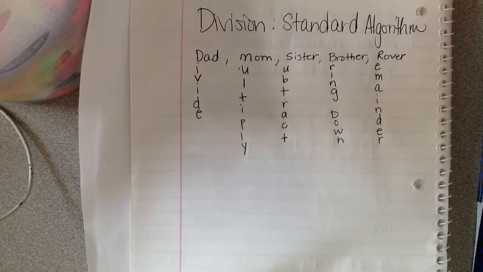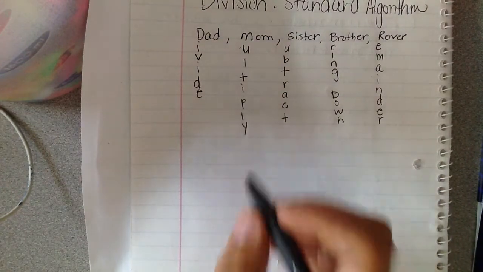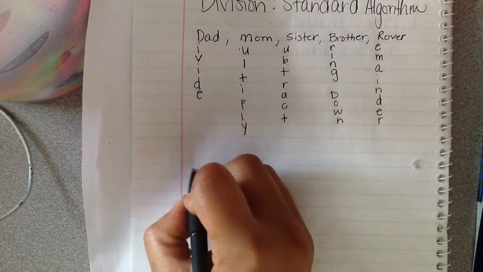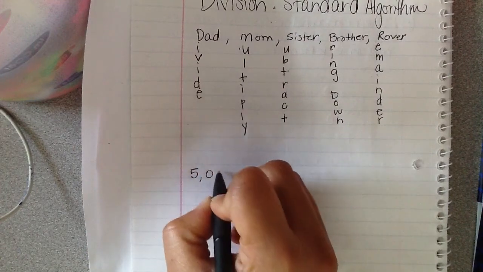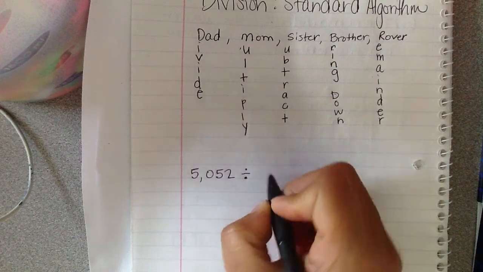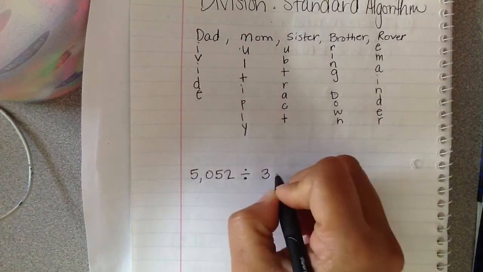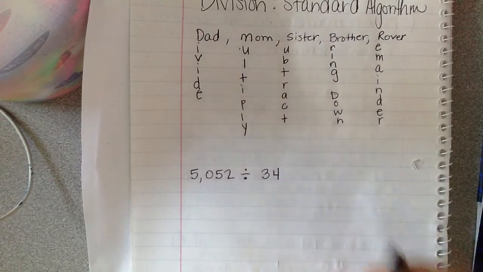So we're going to get started with an example problem, and we're going to use these little reminders to help us. Okay, we're going to divide 5,052 divided by 34.